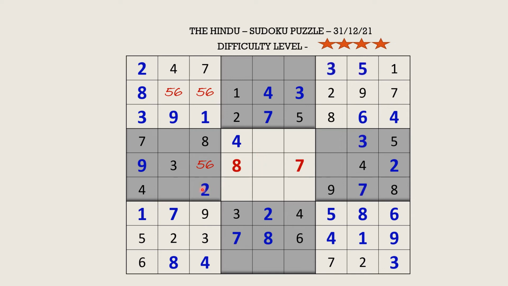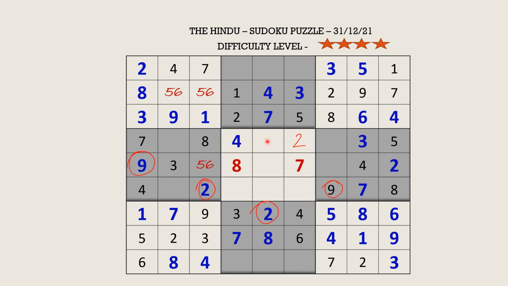You have a 2 here and a 2 here. This 2 blocks here, this 2 blocks here. So this is the only cell where 2 can be. There is a 9 here and a 9 here. This 9 blocks here, this 9 blocks here.